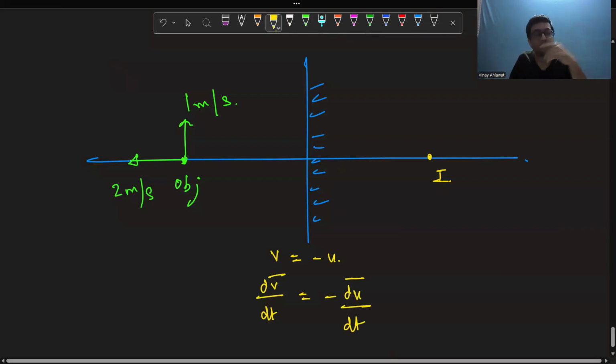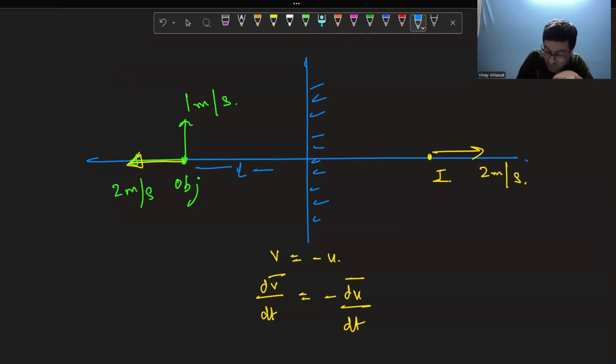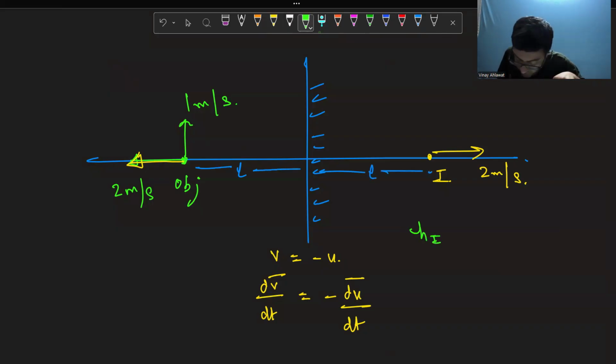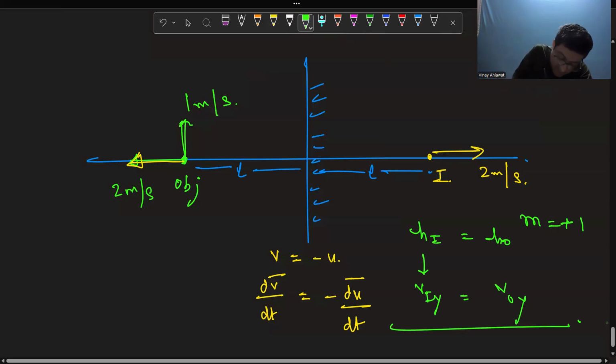So the velocity of the image in the x-axis is in the opposite direction to the object's, 2 meter per second. If this is L, this will also be L. And we know that hi is ho, m being +1. So dhi by dt, the velocity of image in y-axis, is the same as the velocity of object in y-axis. So this is 1 meter per second. Done.